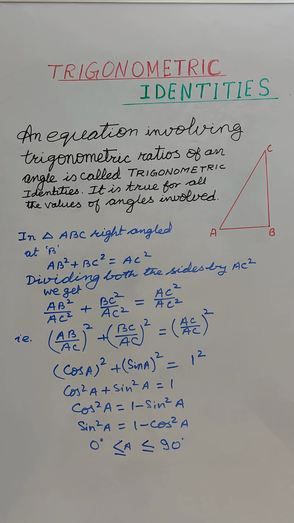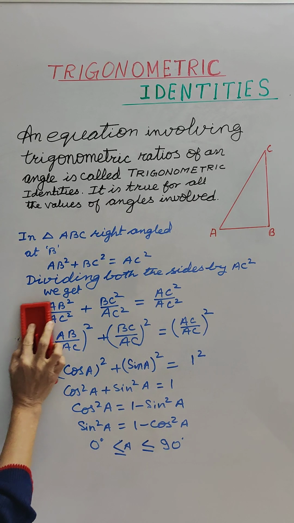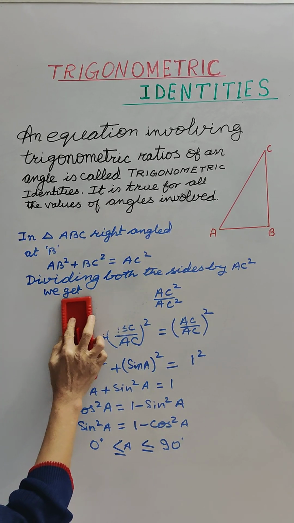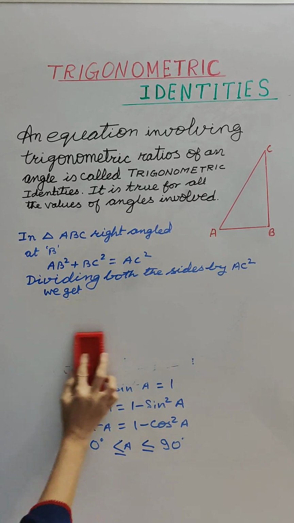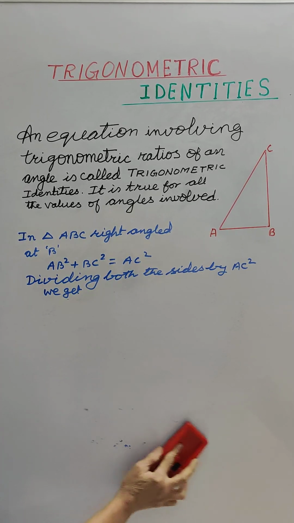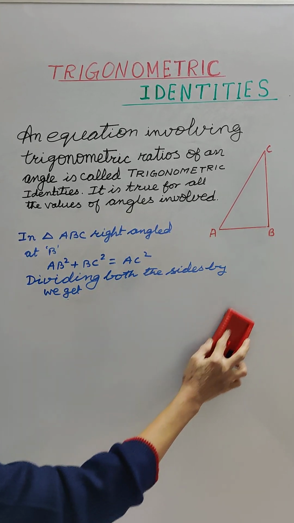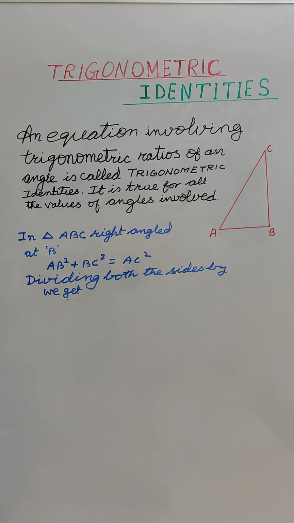Similarly, if we divide all the sides by AB square, what will we get? Let us see. First we divided by AC square, now AB square.